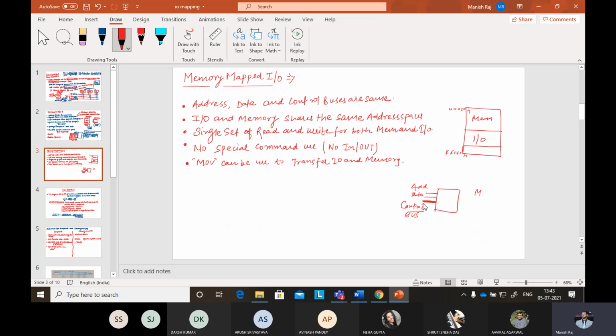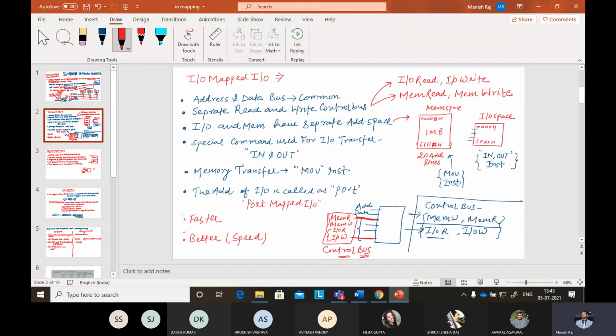So that is why I am saying the memory is used as an IO. In the first part, the IO and the memory are different things.